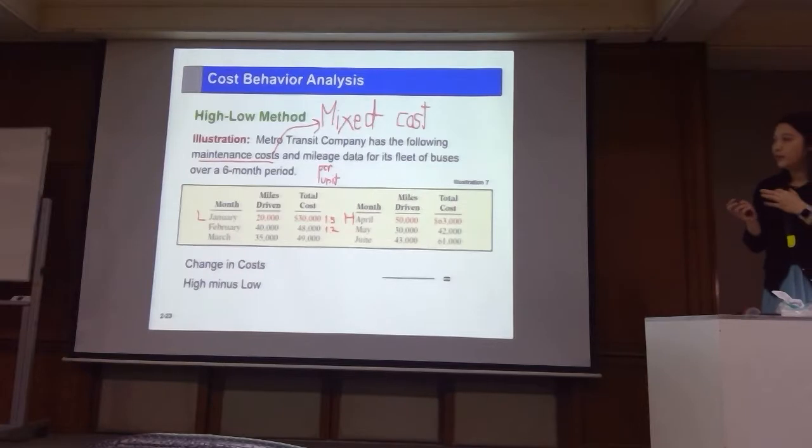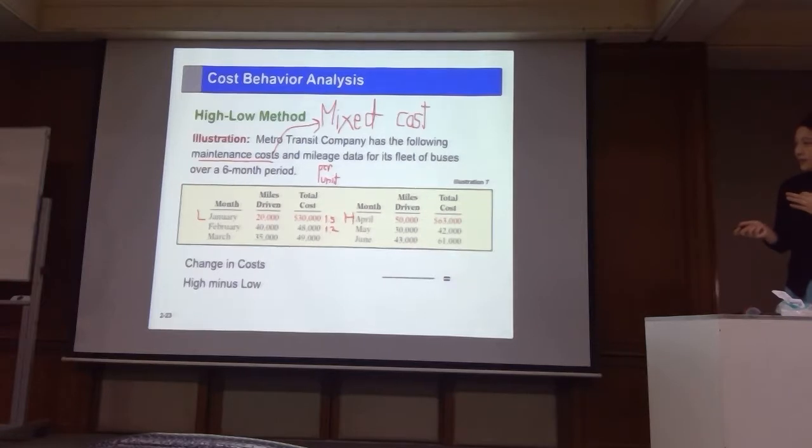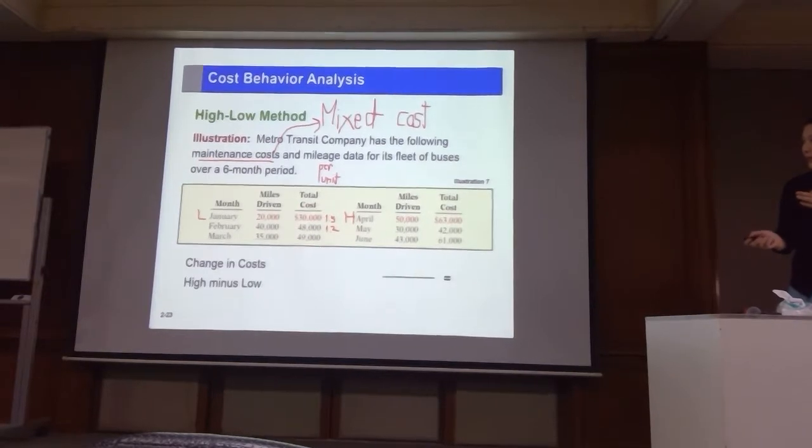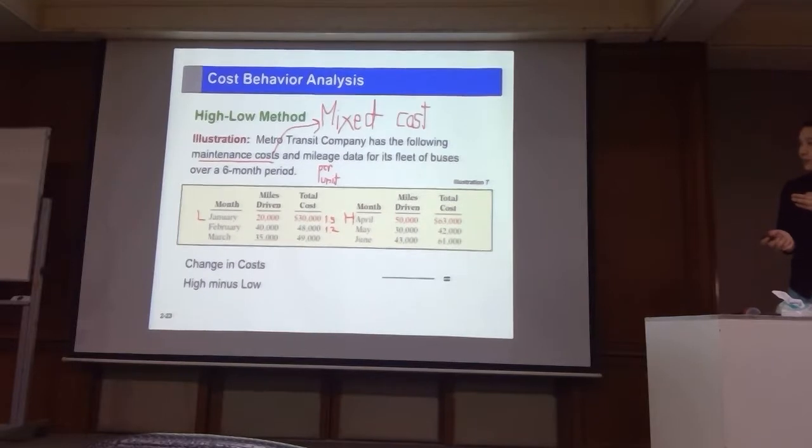As you can see here, we just focus only on the highest and the lowest activities. And we know that the difference in total cost must come from the variable portion. Okay, so the change in cost, just 63,000 minus 30,000, so the difference in cost equals 33,000.